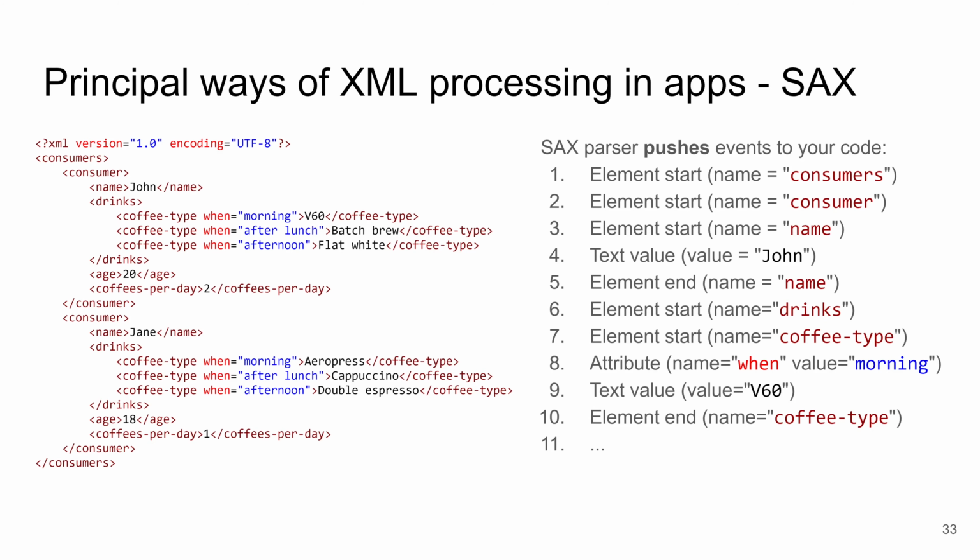Then element consumer starts, then element name starts, then there is a text value John, then element name ends, and element drinks starts, and element coffee type starts, there is an attribute and there is a text value, then the coffee type element ends, and so on. And you can see that like this, it can go through a very large XML file and allow you to process it, but not in a random access way.